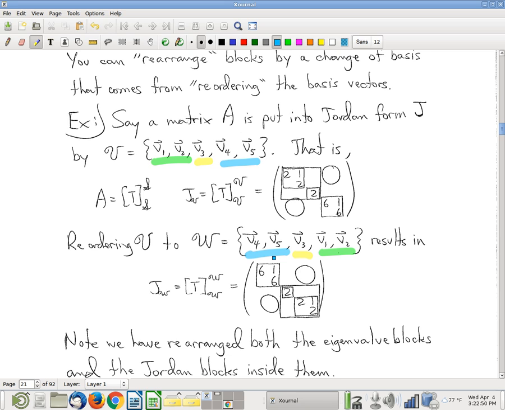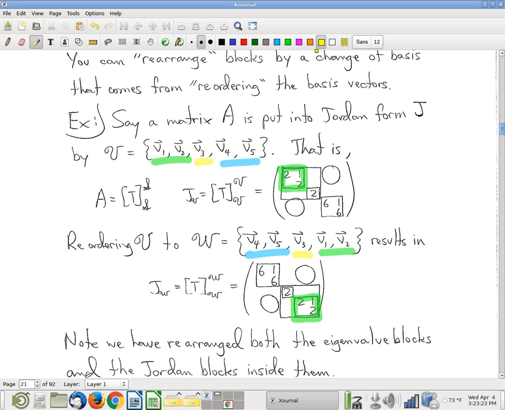And notice that this first block corresponds to the first and second rows and first and second columns, and in a way corresponds to the first two basis vectors. You could reasonably speculate that in the same sense that those first two basis vectors move to the end, that's why the block correspondingly moves to the end.